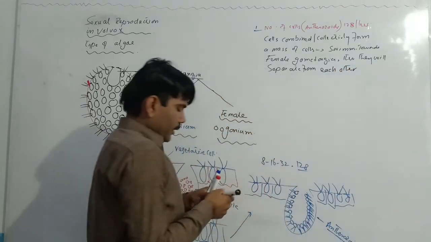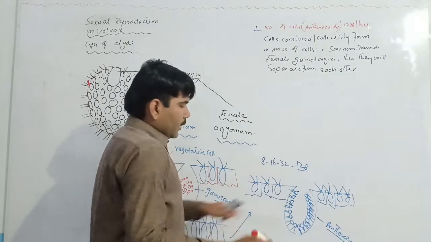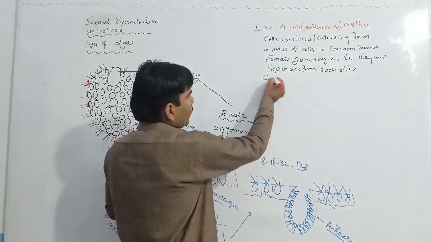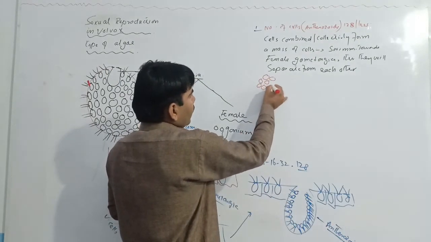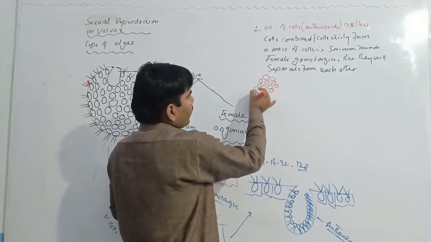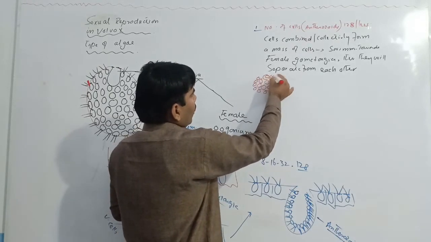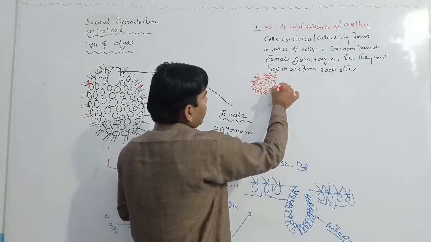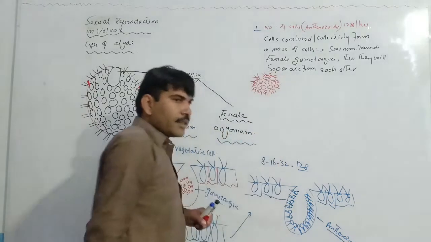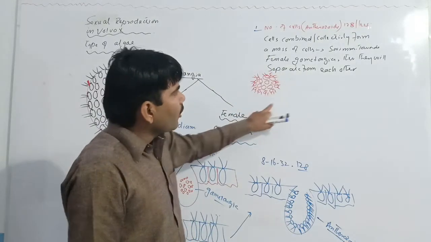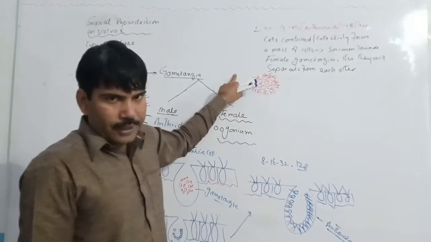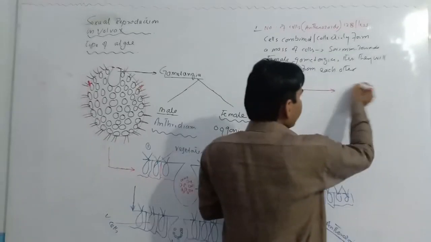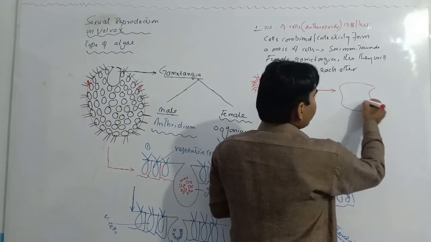For example, these are the antherozoids. I am trying to draw. Here these are the many antherozoids, less than 128. They are collectively combined with each other and forming a mass of cells. This mass of cells will swim to reach, for example, this one, a female Gametangia.